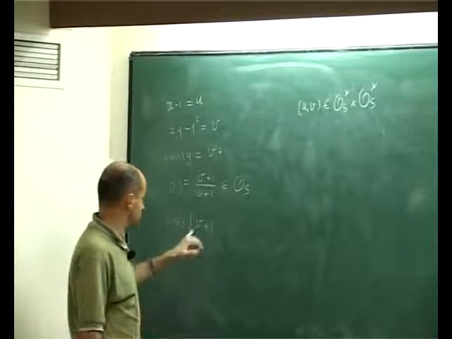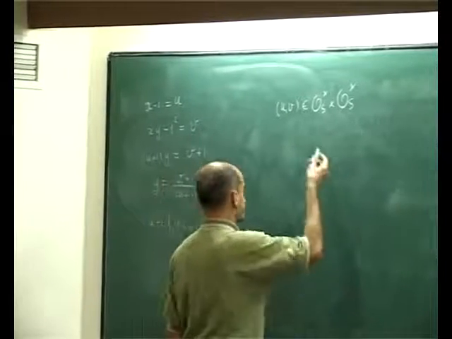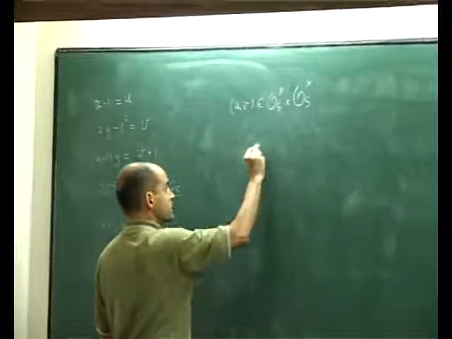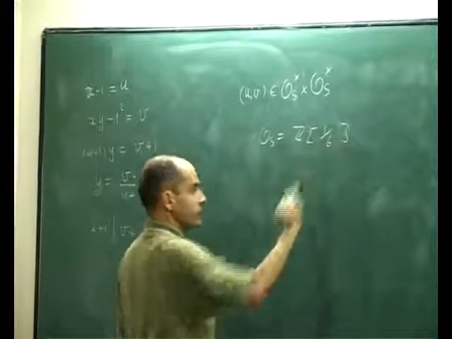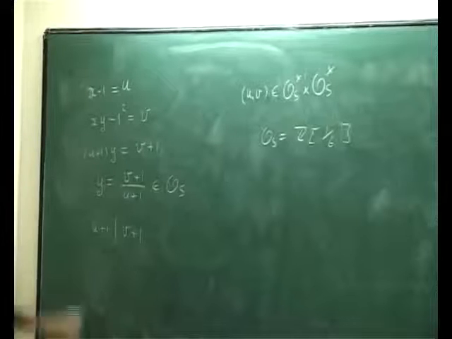For instance, we take the ring Z[1/6], so 2 and 3 are units.